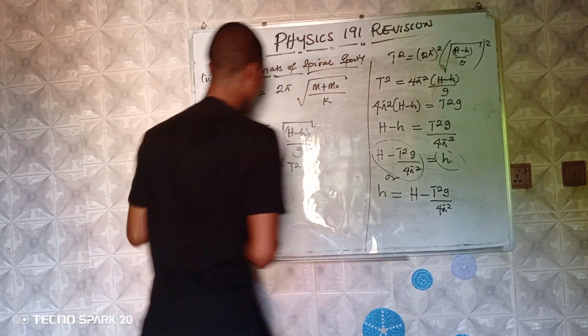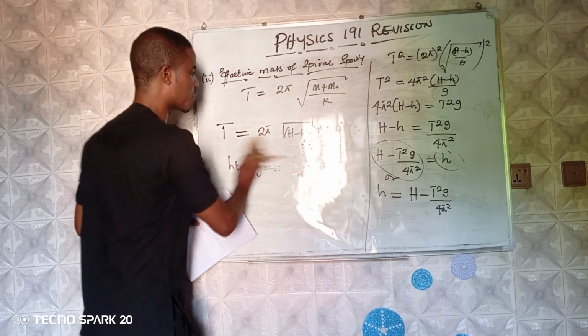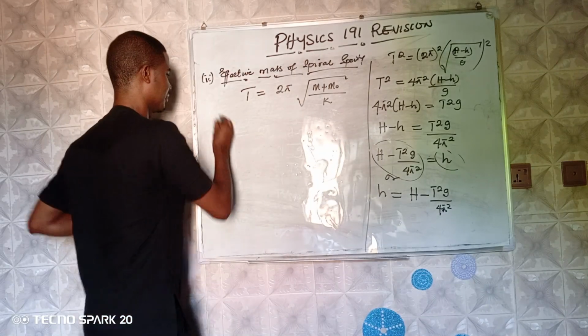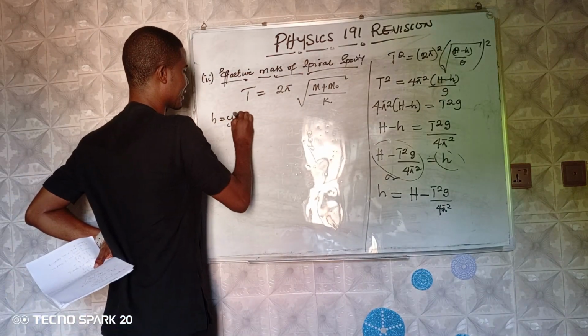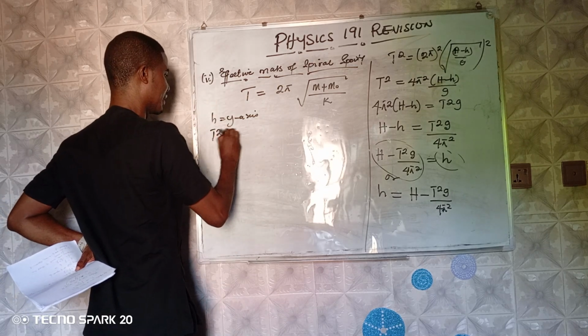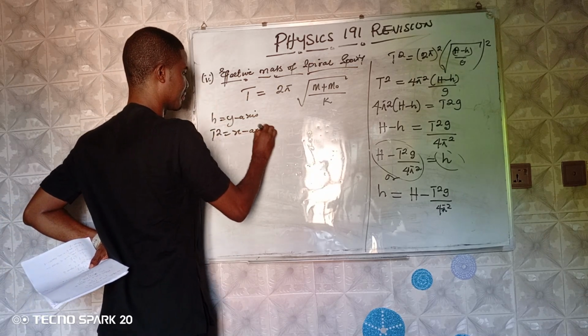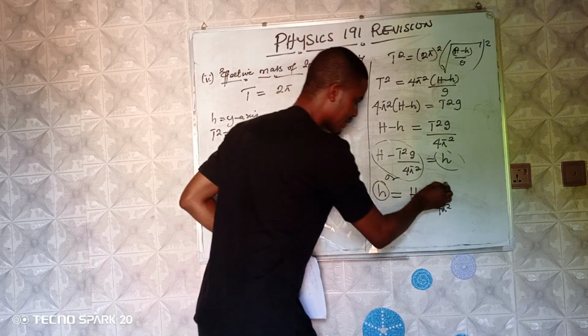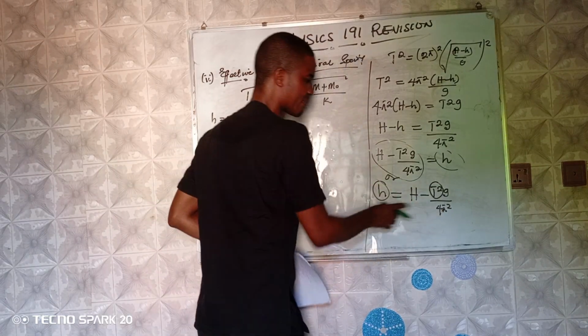So looking at this point now, from what we have got there now, my h is my y-axis. My t square is my x-axis. Now, this is my y-axis. This is my x-axis.